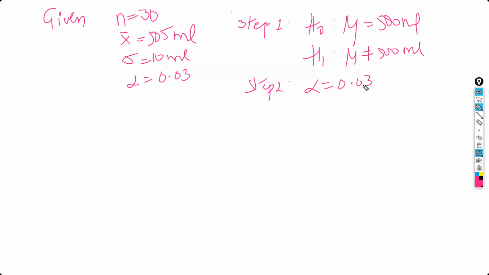Okay. Now, step three. What is step three? Check for normal distribution, whether the data is normally distributed or not. Why? Because data was not given in the question. Either they have to write, assume the data is normally distributed, or they have to give the data. But here they have not given the data, which means it is automatically normally distributed.